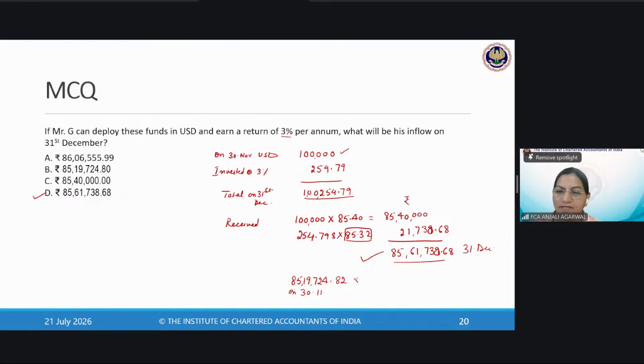So this must be invested at the rate of 12% for 31 days. And we would have got the figure on 31st December.